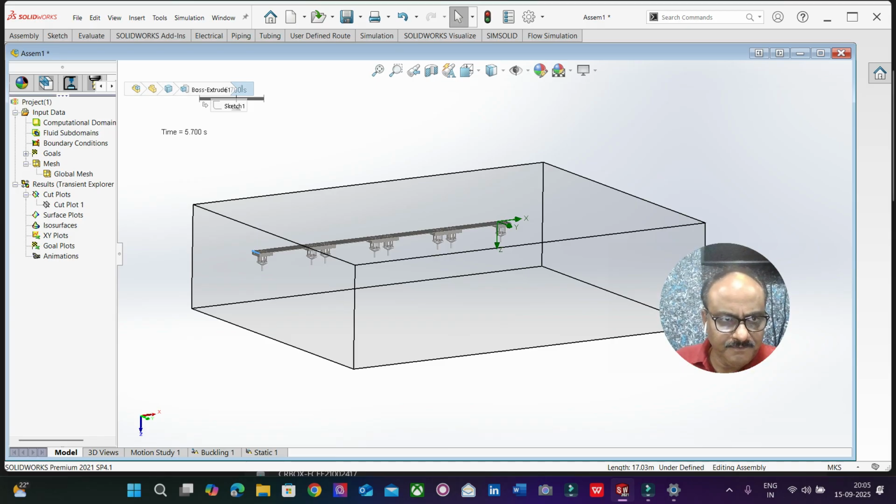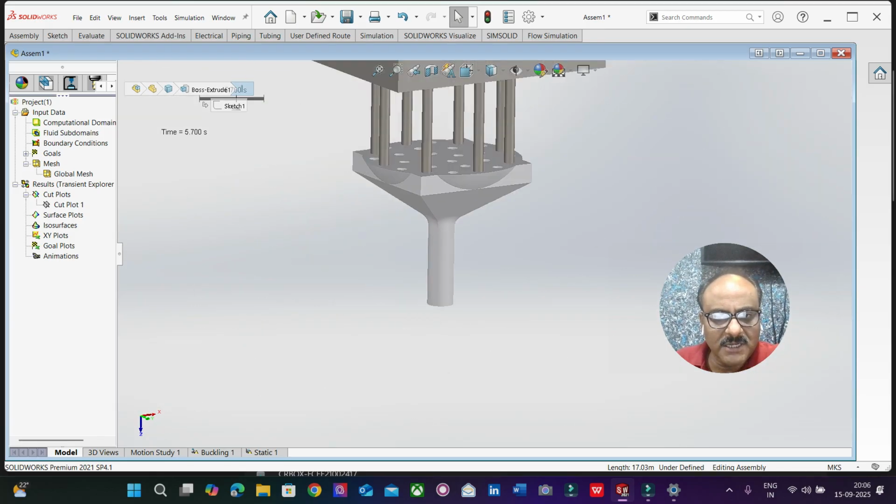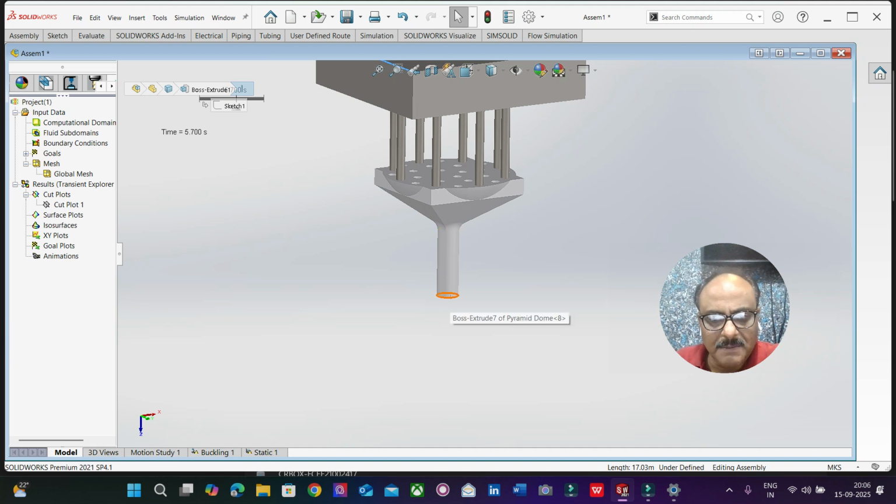Now we need to define which is going to be the fluid boundary and which is going to be the air boundary. As I mentioned, this region, from the base of the pier to the top of the pier cap, is going to be filled with water.